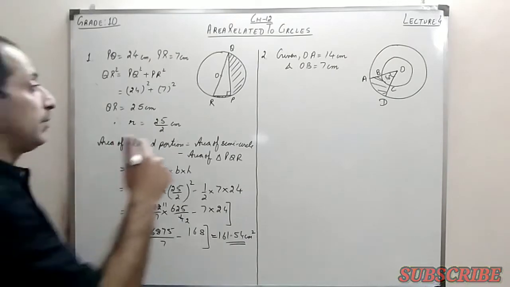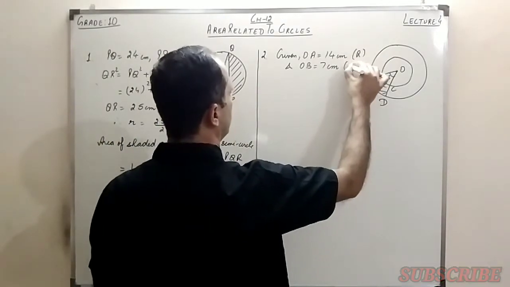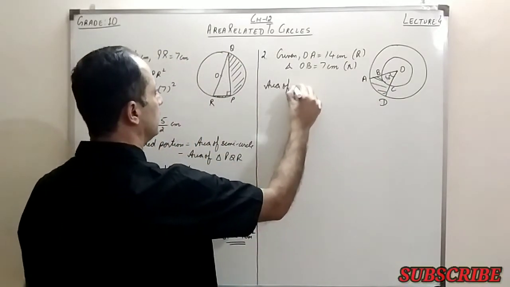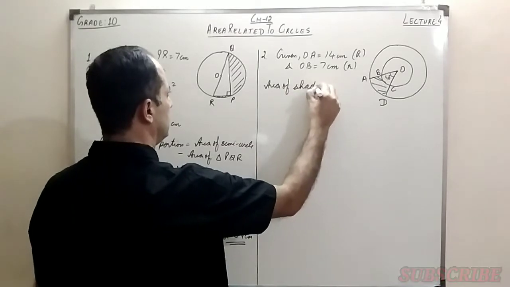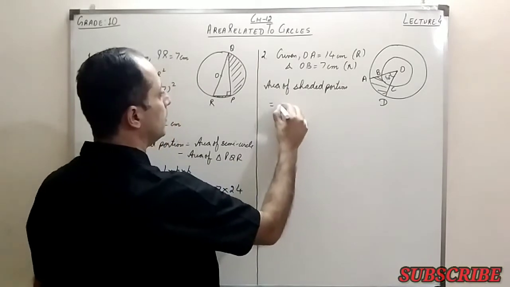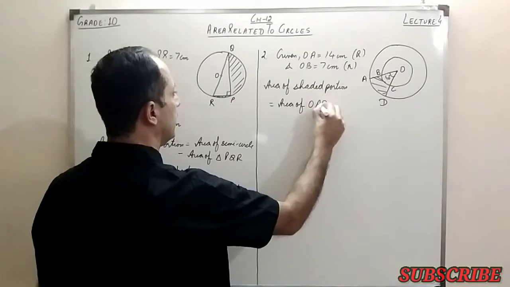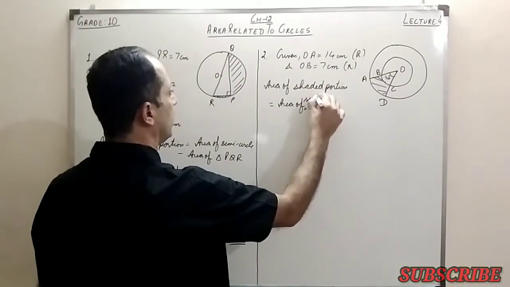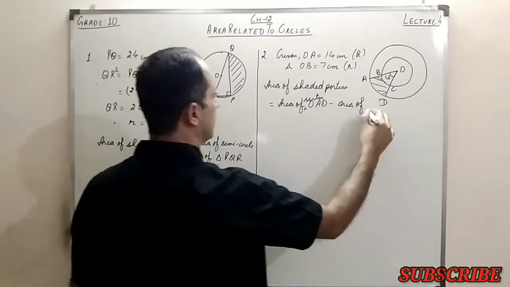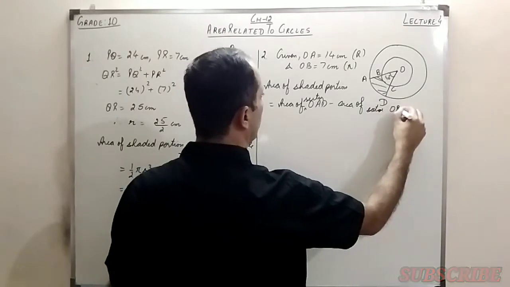Now to find the area of the shaded portion, we can take this one as a capital R radius and this one is taken as small r. So area of shaded portion is equal to area of sector OAD minus area of sector OBC.